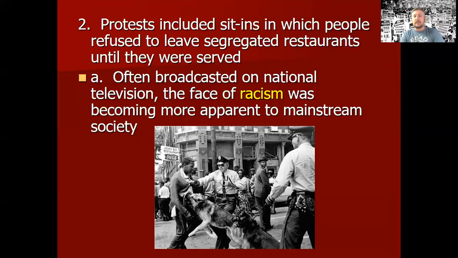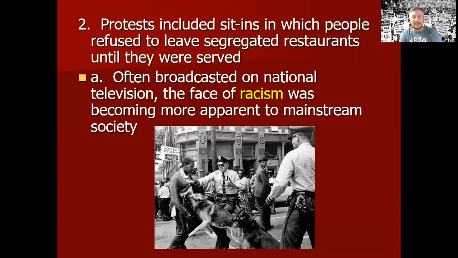And the picture down at the lower right, take a look at that picture. Brutal scene here, where you have this young teenage boy who was peacefully protesting, and this was actually in Birmingham, Alabama, and here you have the police in Birmingham attacking him with police dogs. This scene was broadcast all across the nation, and it reminded Americans, by this point they're seeing it in their living rooms with their televisions.